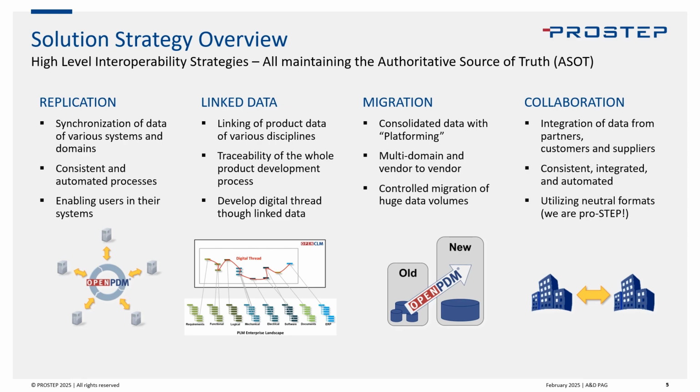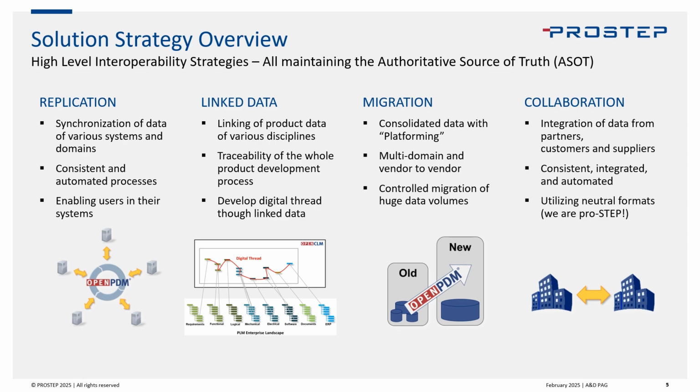Now, this works well because it is a very lightweight integration, but sometimes it has some drawbacks because you can't actually utilize that data efficiently because it's not in the system that you're trying to use. It's just a view of that data into other systems. So if you want to use binaries within a CAD integration or something like that, you're not able to do that efficiently through linked data.